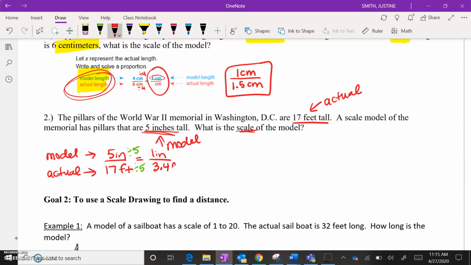So we know that 1 inch on the model actually represents 3.4 feet on the actual memorial. That's what the scale is representing: every 1 inch on the model is 3.4 feet in the actual memorial.